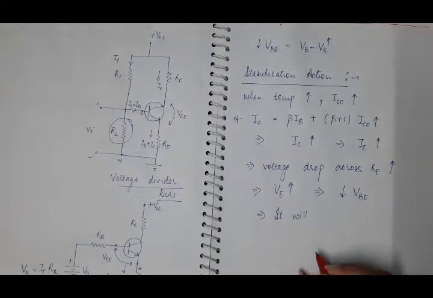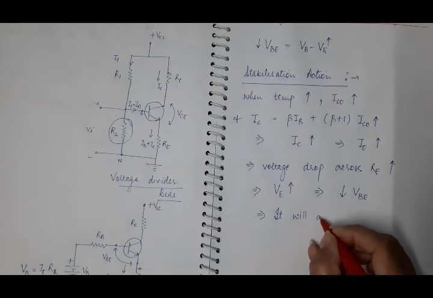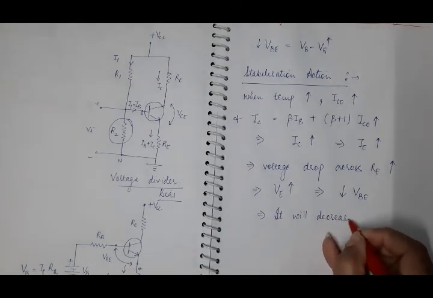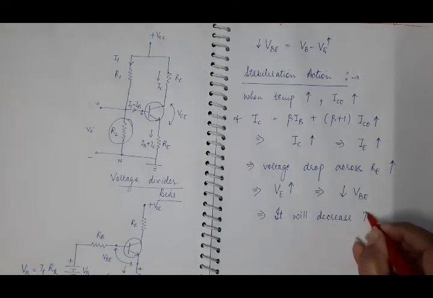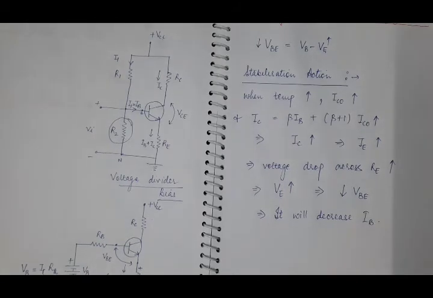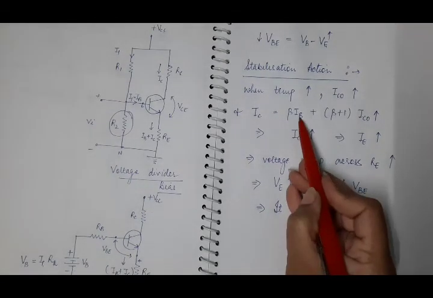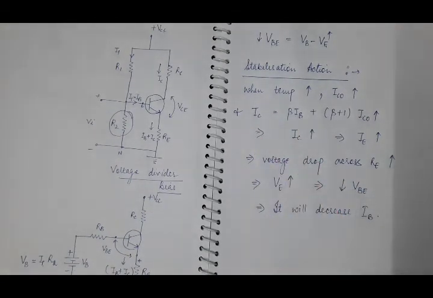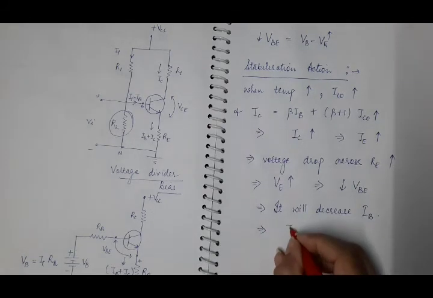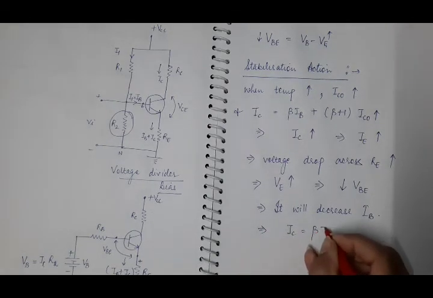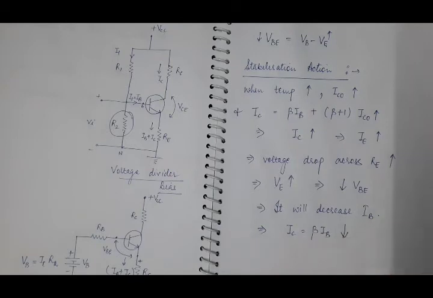If forward bias decreases, then base current IB will decrease. And if IB decreases, it means collector current, which is beta IB, will also decrease.